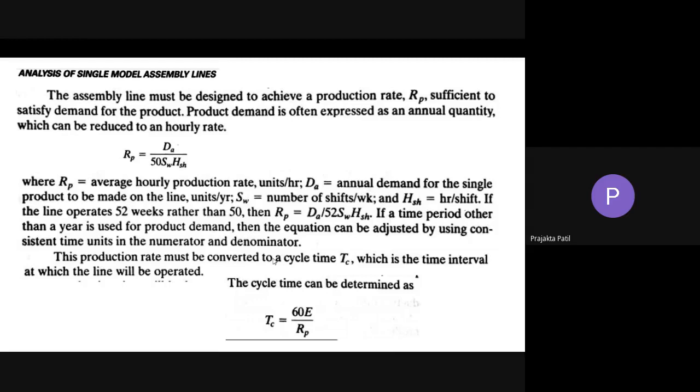Have you all written down the equations? So in this equation, cycle time is 60 into E upon RP, where RP we have already defined. And I was just talking about this efficiency.